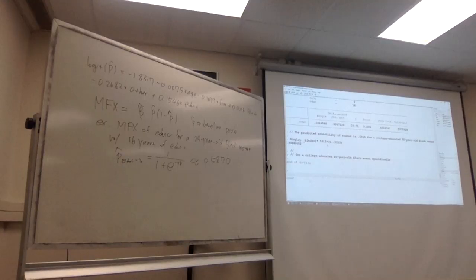So it means that the effect of a unit increase in education differs by person, for every person. So the marginal effect varies by every person.